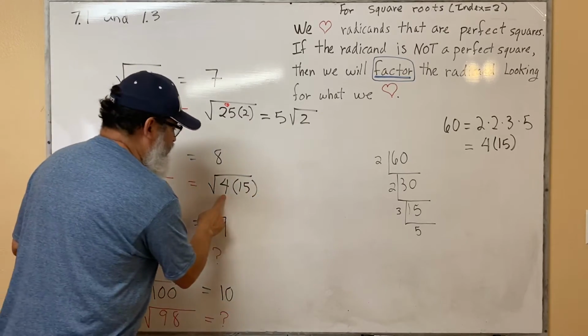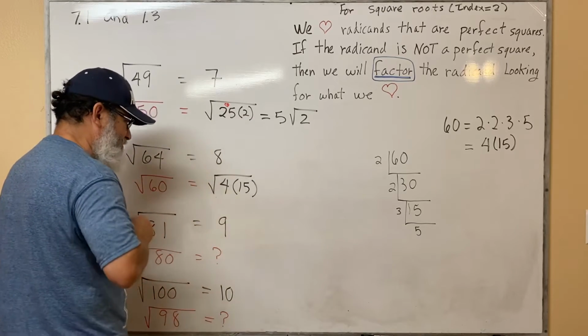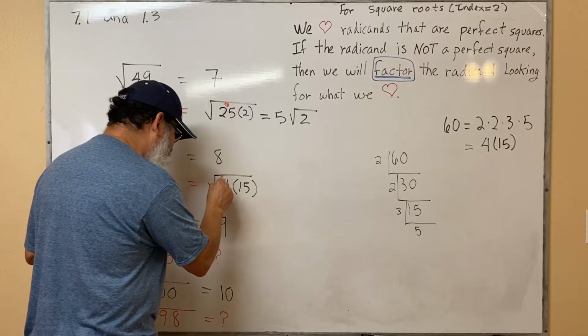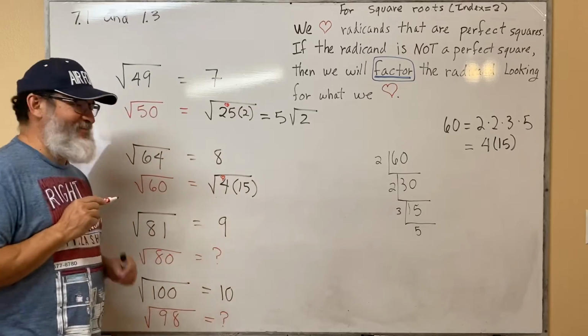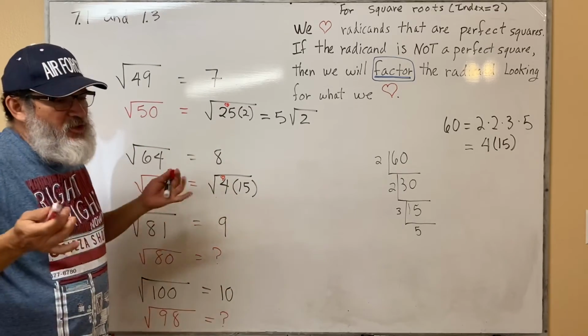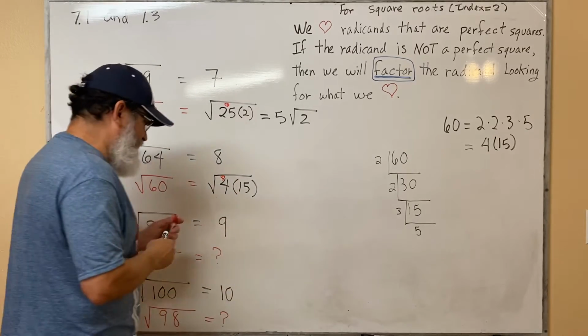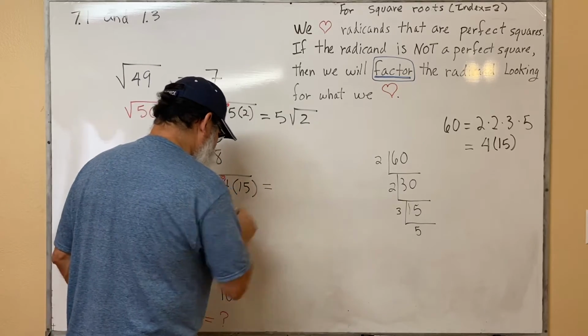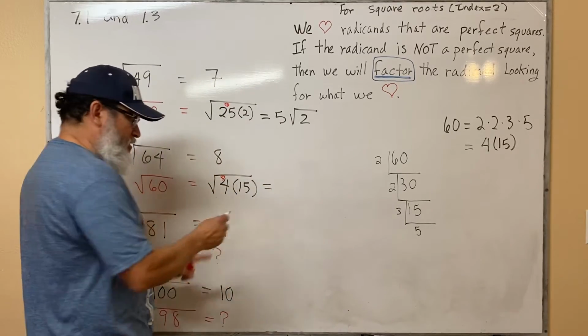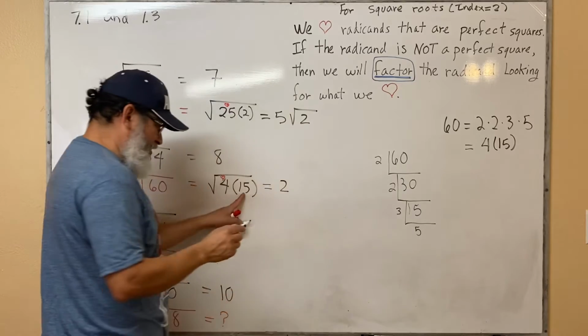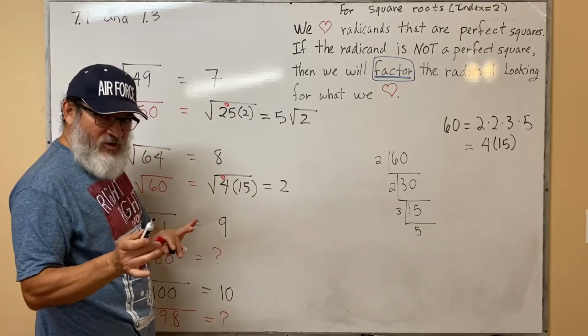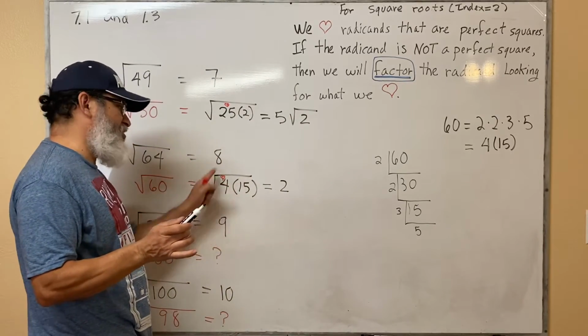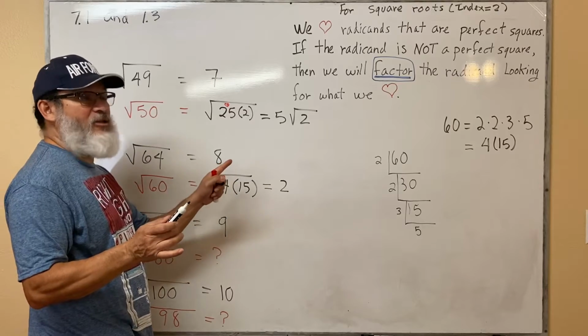You love this 4. This is love right there. This one, I don't know. Nothing we can do about it though. So therefore, the square root of 4 is 2. How about the 15? It's not your fault. Just leave it inside the radical.